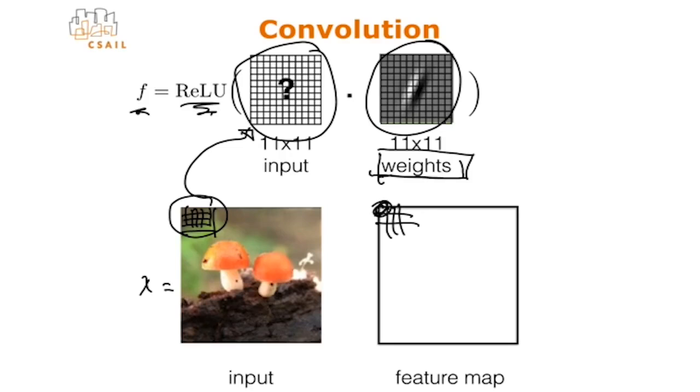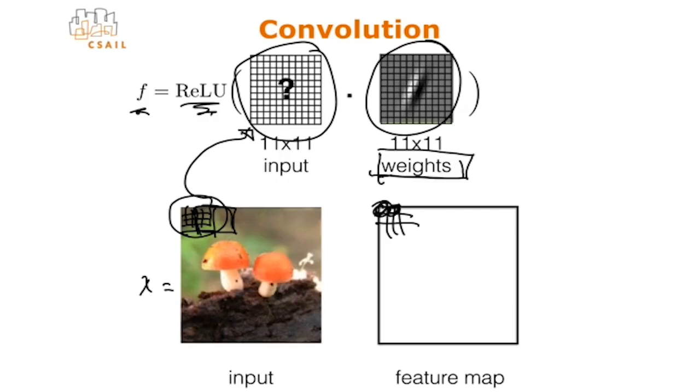Then we move to a second unit here, move the patch slightly. Here with one pixel, but it could have stride, that is, it could move a couple of pixels at a time.